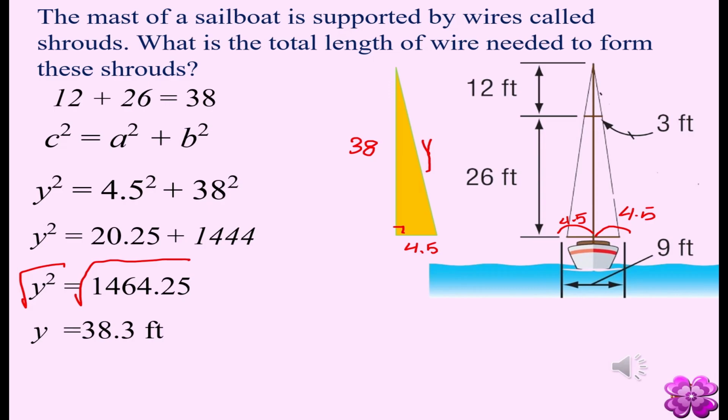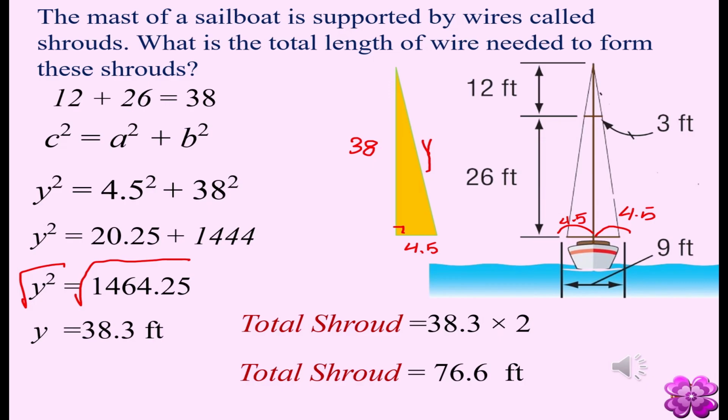It means one of those hypotenuses is 38.3 feet. To find the total wire for shrouds, we need to multiply it by 2. So as a result, the total wire that we need is 76.6 feet. Great.